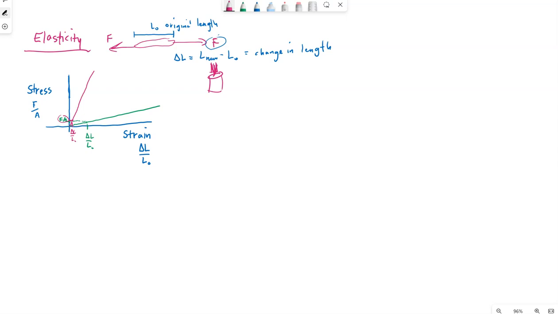As long as that slope stays constant, we say the material is behaving elastically. Meaning if we released the stress, we released the pressure, the material would go back to its original shape. Now, granted, there is always a certain amount of stress that will make the object break or fail.